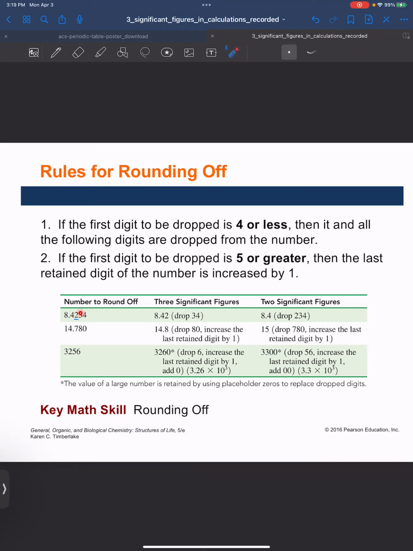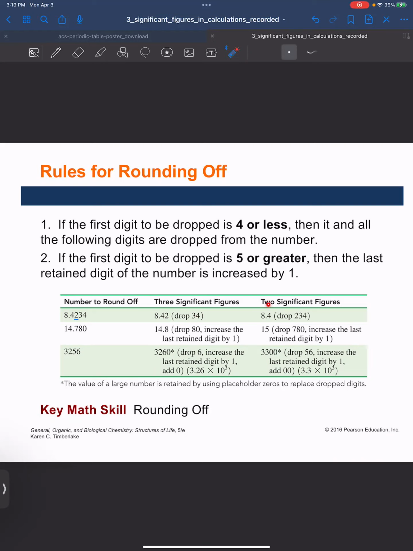Since it is the number 3 and 3 is less than 4, then we will keep that number the same. So we will not round up for that 2, and we will just simply drop 3, 4.